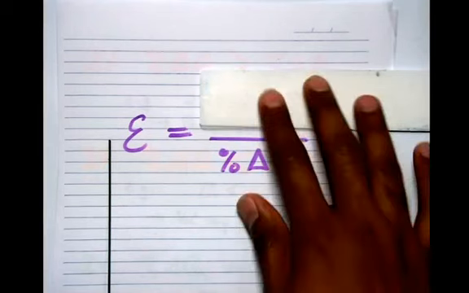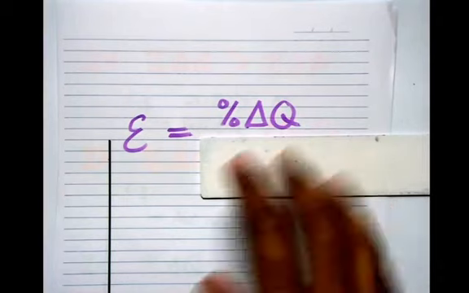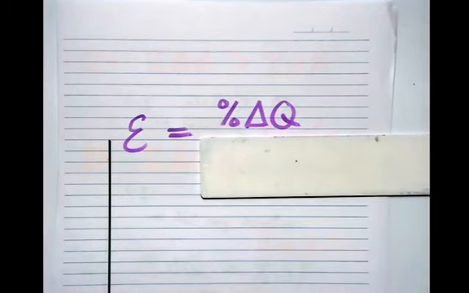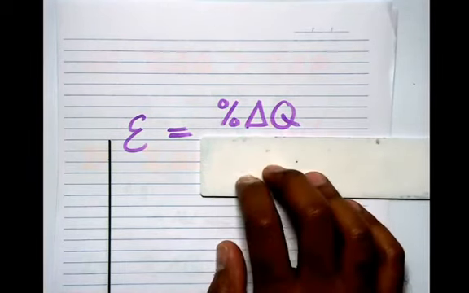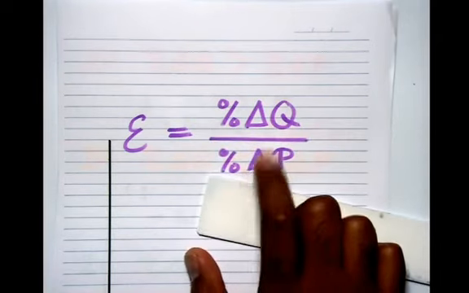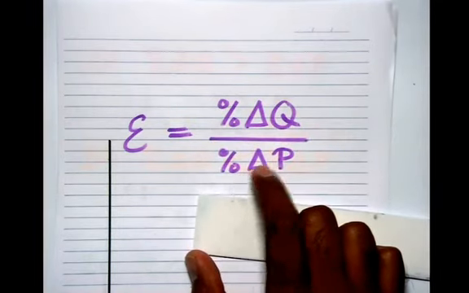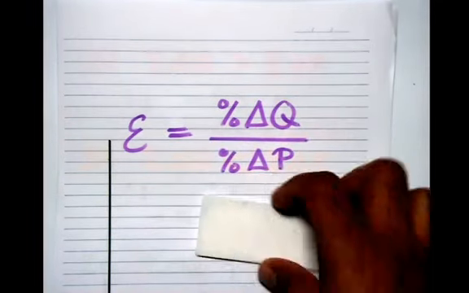If we sold 1,000 units before, and now we're selling 1,200 units, what is the percentage change in quantity? 1,000 became 1,200? 20%. Yeah, you all know how to do that. So if you can calculate percentage changes, you can calculate elasticity.